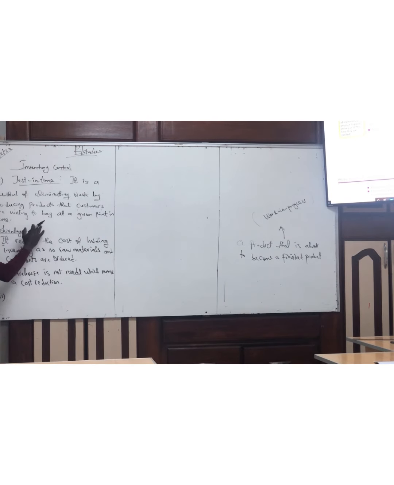Because we are using a method of eliminating waste, the just-in-time lean production method, it means one, we won't buy stocks or inventories or raw materials or components without them being used. We're going to buy them because we want to use them for a production that customers want to pay for at this point in time.